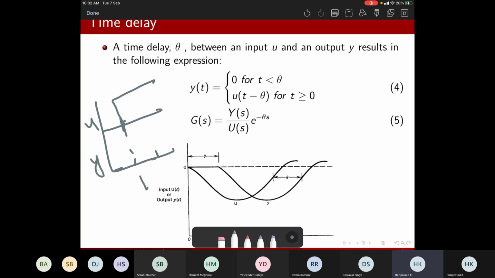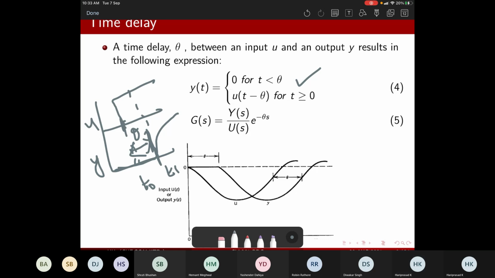This is your y and this is your u, this is the time. So your output comes like this. So virtually nothing comes out, even though there is a change of input at t naught. I'll call this point t naught. I'll call this point t1. Between t naught and t1, nothing comes out. So y of t should be 0 for t less than theta.